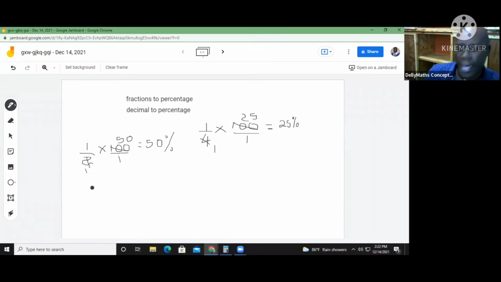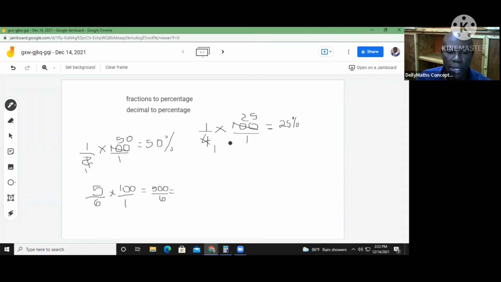Now, sometimes we may get other fractions. What if we have 5/6, and we intend to change this 5/6 to percentage? We simply multiply by 100 over 1. And then if this becomes 500 over 6, we can use our calculator just to work it out, because the intention is just to know what this is.